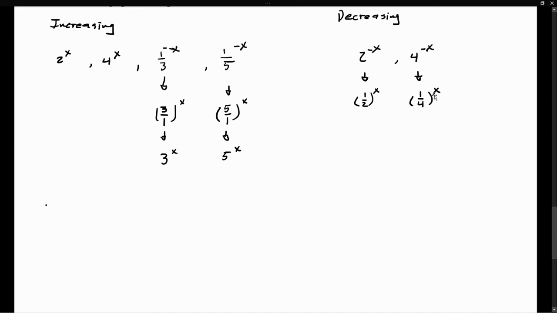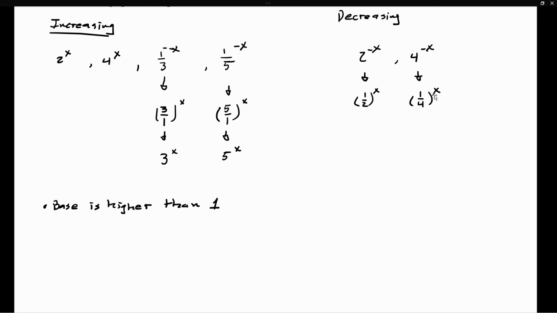So now notice that we're always going to have an increasing function if the base is higher than 1. And what do I mean by base? Well, the base is the base of the exponent, which in this case, the base for the expression is 2, the base for this expression is 4, the base of this expression is 3, the base of this expression is 5. And when do we have a decreasing function?